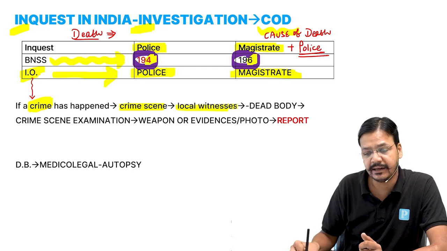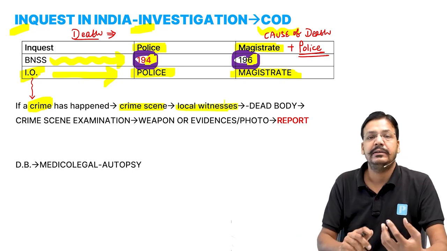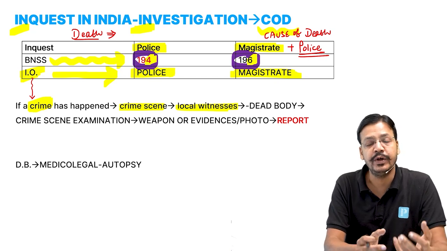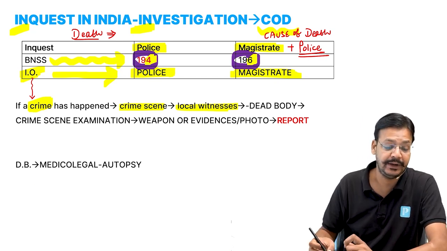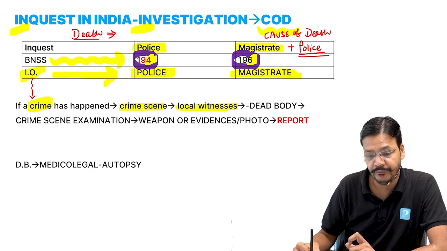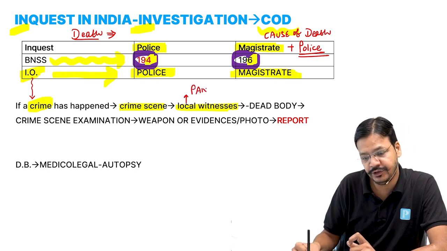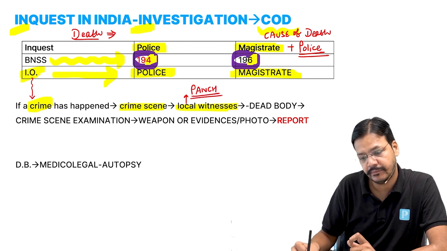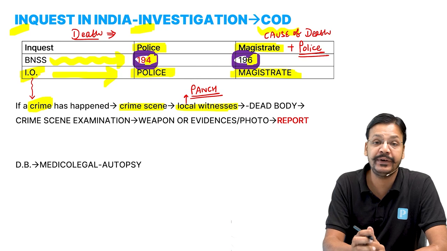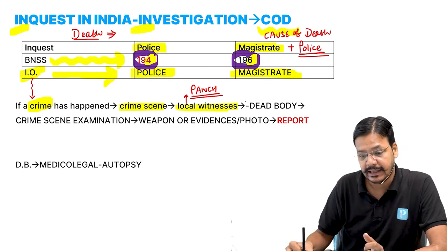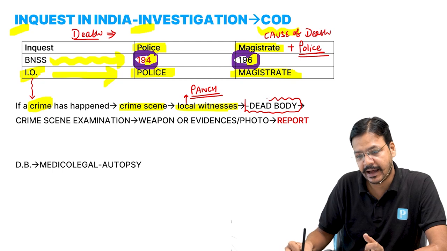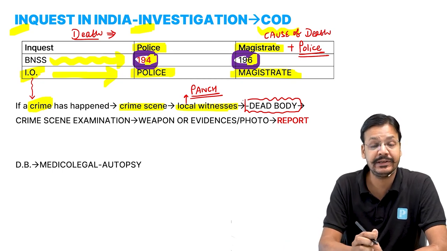And the IO will take the help of the local witnesses who informed them. And my dear friend, these local witnesses are known as panch. Then the IO will examine the dead body if the dead body is present there.